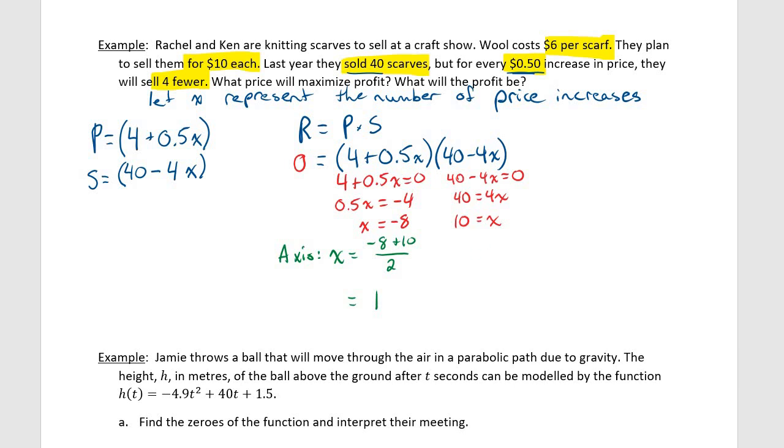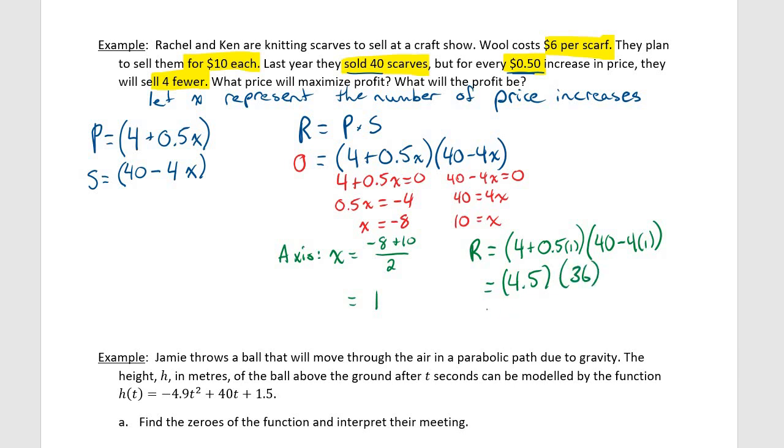Let's find what the maximum profit is. So R is equal to 4 plus 0.5 times 1, times 40 minus 4 times 1, which is going to be 4.5 times 36.